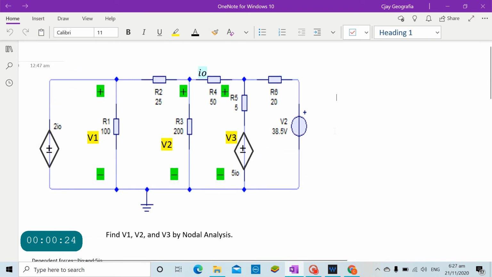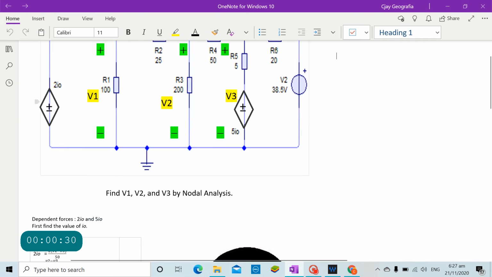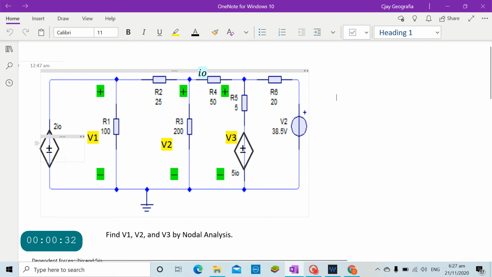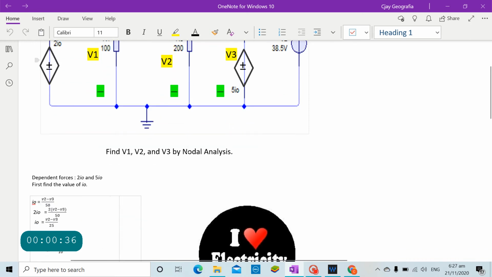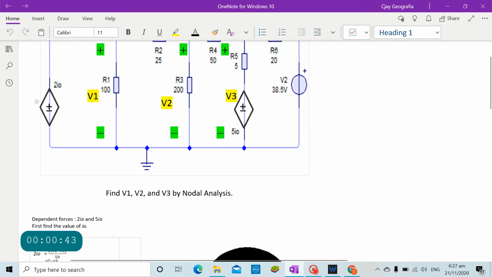So the first thing we have to do is to find the dependent sources and their values, because in this diagram, as you can see, there are two dependent sources on this left side.